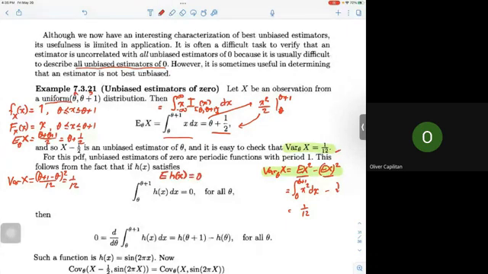Kaya ito ngayon yan. So, ano yung h of x natin? So, x, alam natin na x uniform. So, that's actually the integral of h of x, then the PDF of the uniform, 1. Naintindihan nyo ba ito?